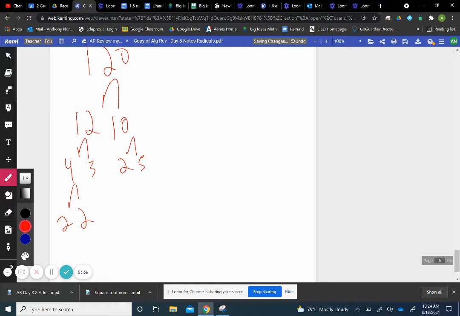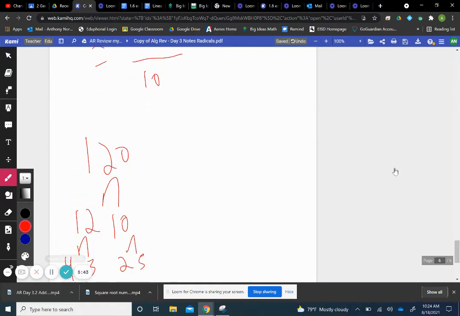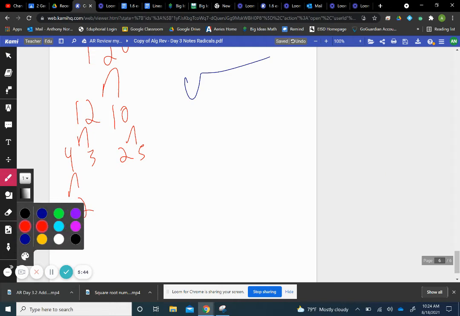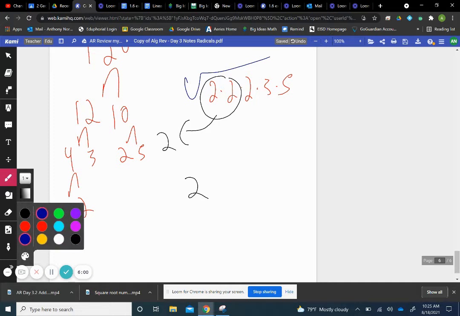So we have 3 2s, a 3, and a 5. So we put it in GEL. We break out of GEL. That's a 2. There are no other pairs. So this gives us 2 square roots. 2 times 3 is 6, times 5 is 30. 2 square roots of 30.